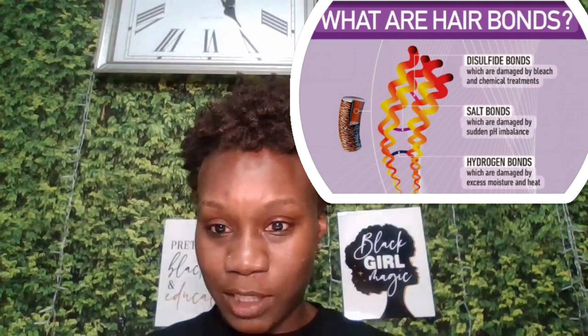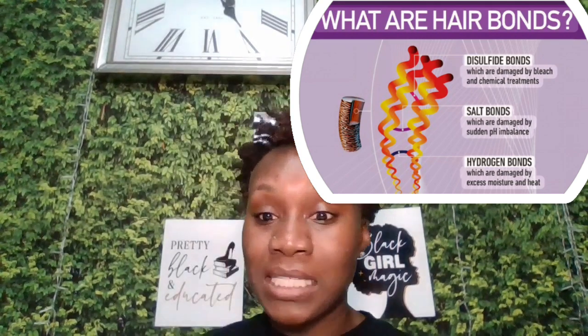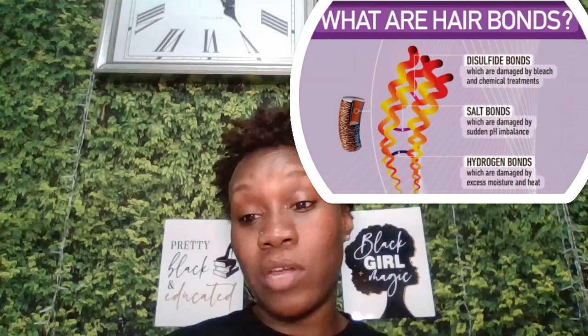All right, there we go. So disulfide, salt, and hydrogen bonds are the three types of hair bonds.